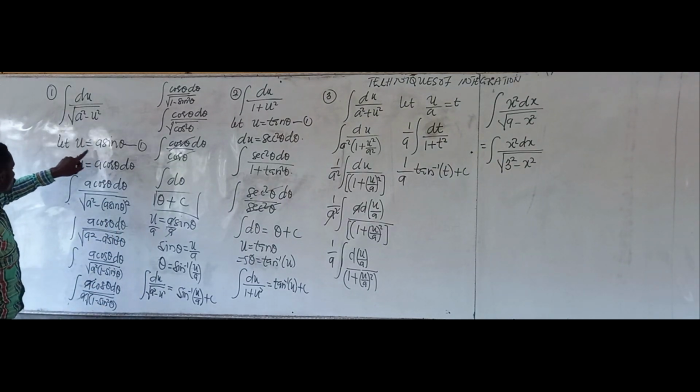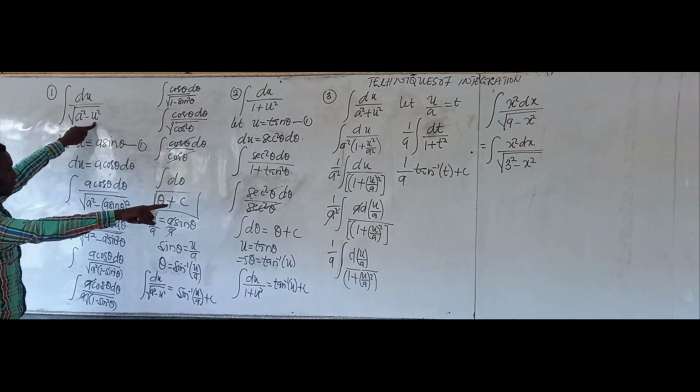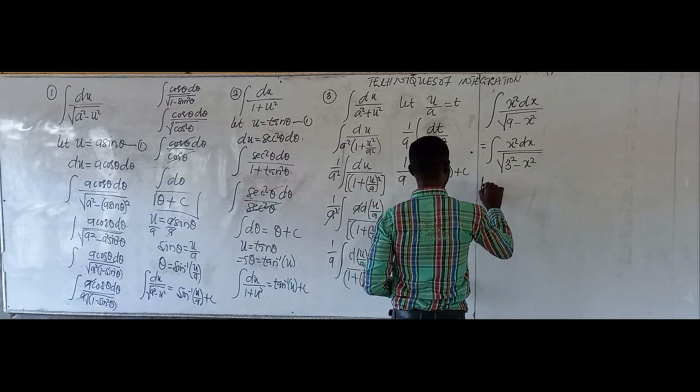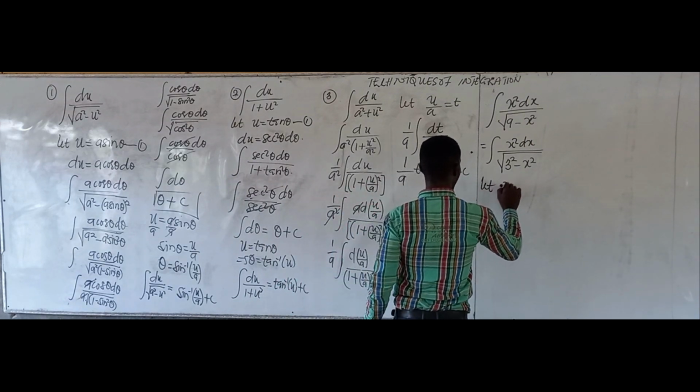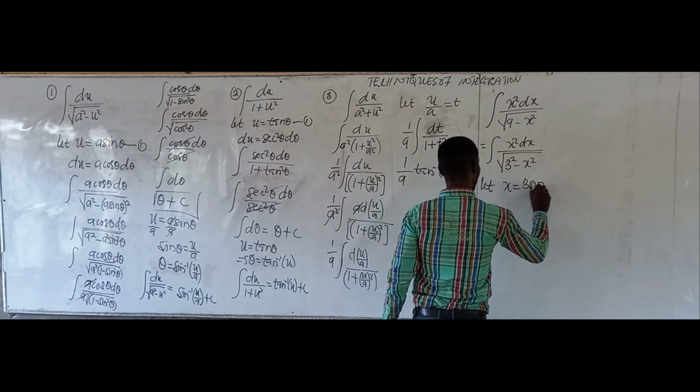We said u equals a sine theta. Our a is 3, and our u here is x. So we can conveniently say, let x equal 3 sine theta.